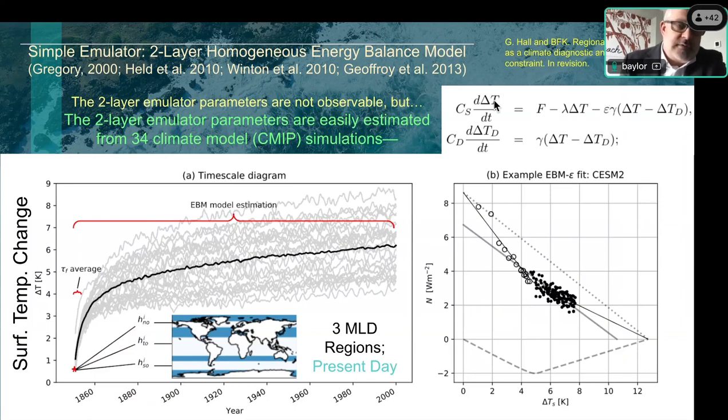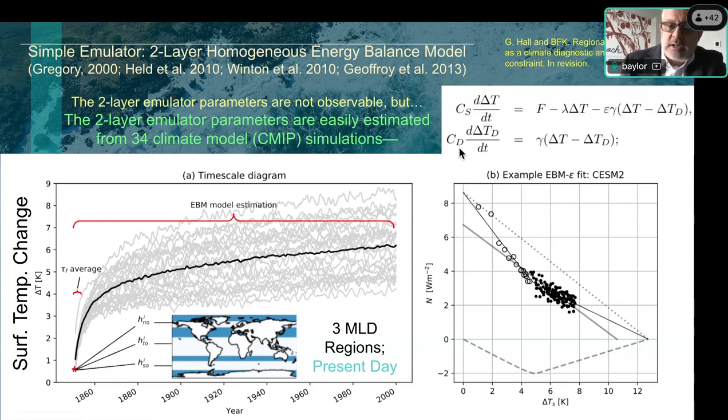So that's over just the first few years of the simulation, and then a slow adjustment timescale as the deep ocean catches up. And so you can imagine fitting one of these models as it quickly increases and then slowly increases, like this, where you go downward here as it quickly increases and then maybe a different slope as it slowly increases. And using that, you actually can infer all of the parameters of this model.